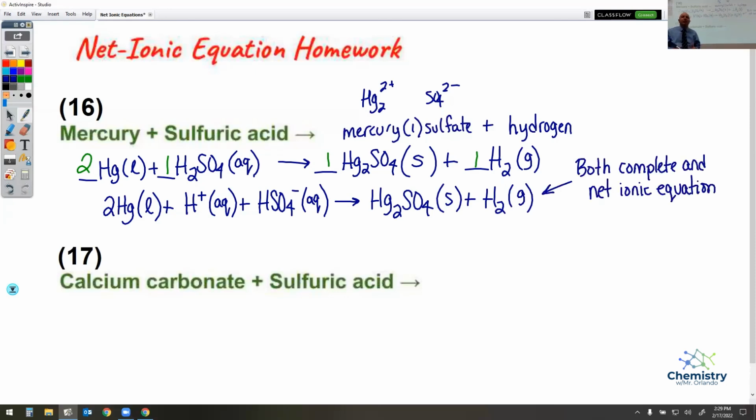Now let's have a look at our final example. We have calcium carbonate reacting with sulfuric acid. So putting these two pieces together, we're going to get calcium sulfate as one of our products.